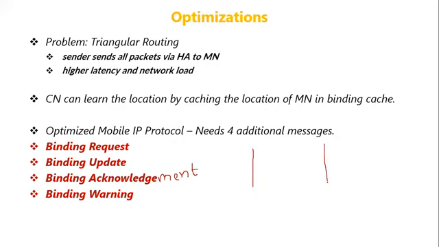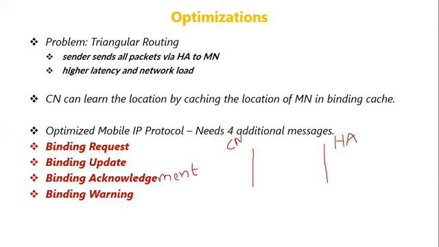So let us assume there are two nodes. One is the CN, correspondent node, and here is the HA. The HA contains information about the mobile node wherever it goes, whether it is in the same HA or in some other foreign agent. Everything is available.